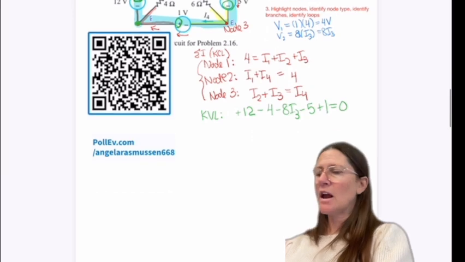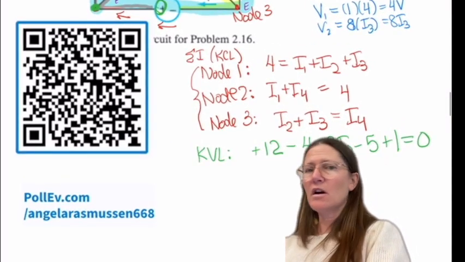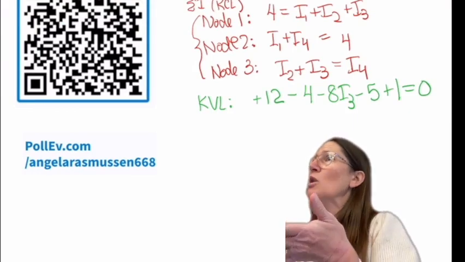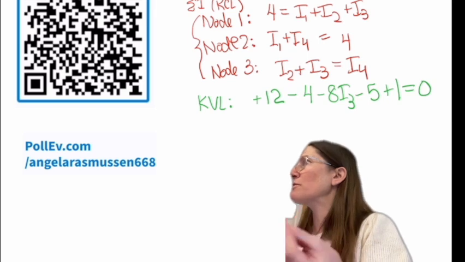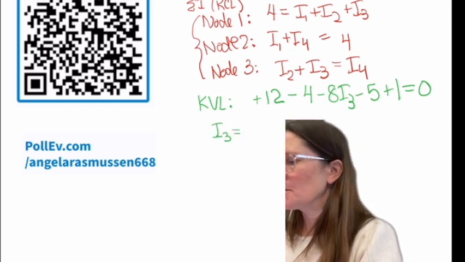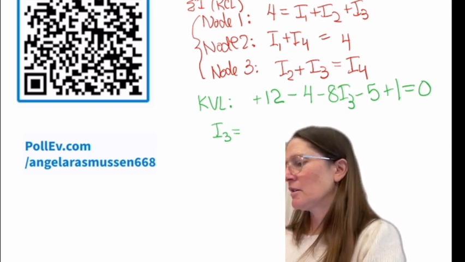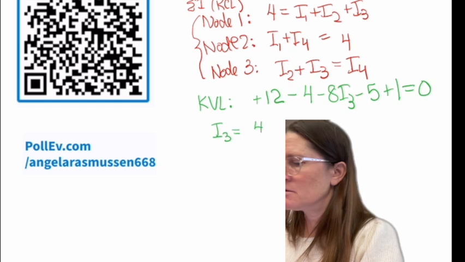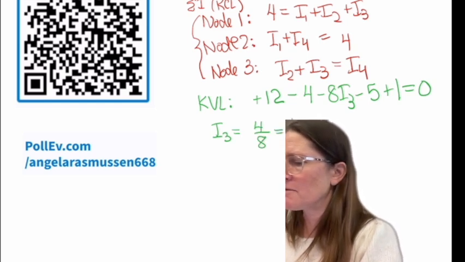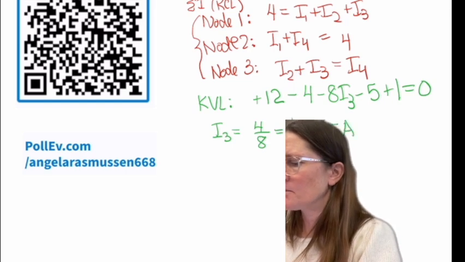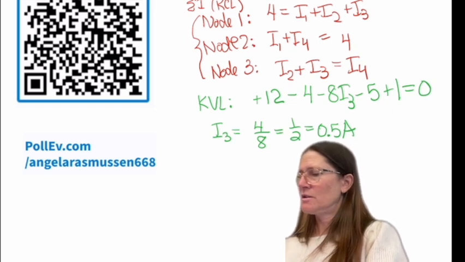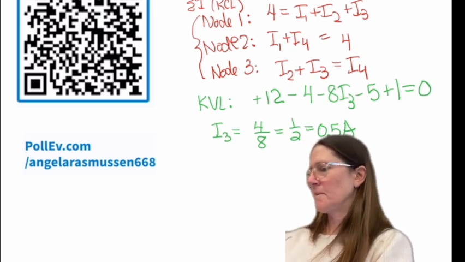And since that has the most known information in it, I can also see as I write that it only has one unknown. So it's going to be easier to solve for I3. So I3 is going to be 4 divided by 8, so 1/2 or 0.5 amps.